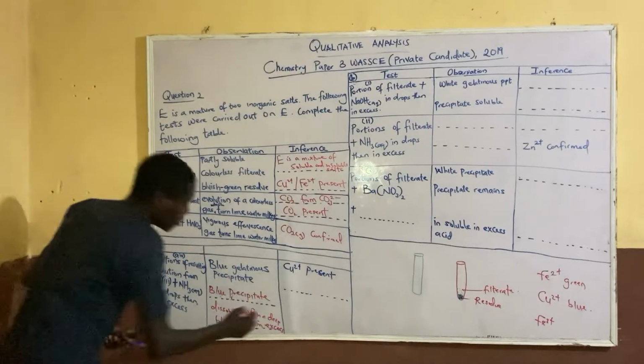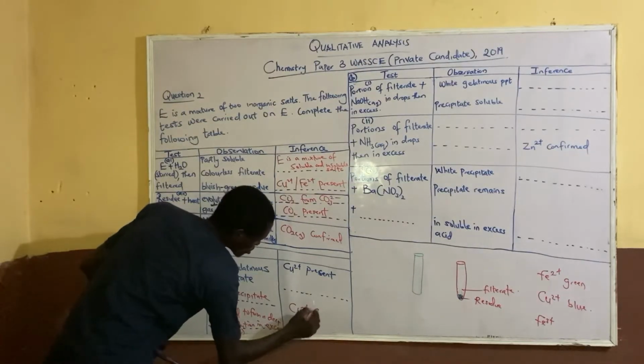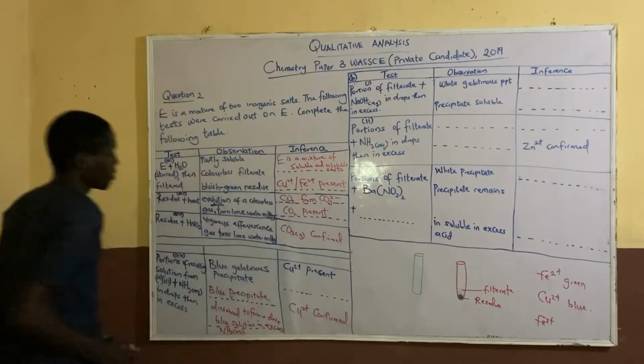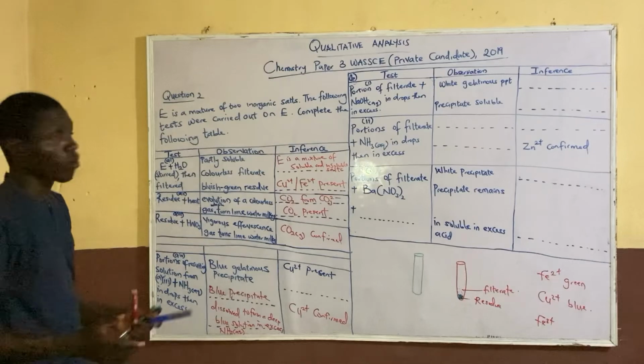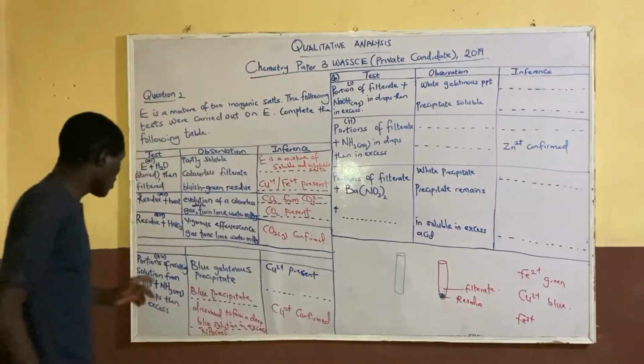So what do you write in the reference? Cu2+ confirmed. So that is a confirmatory test for copper 2 ion.